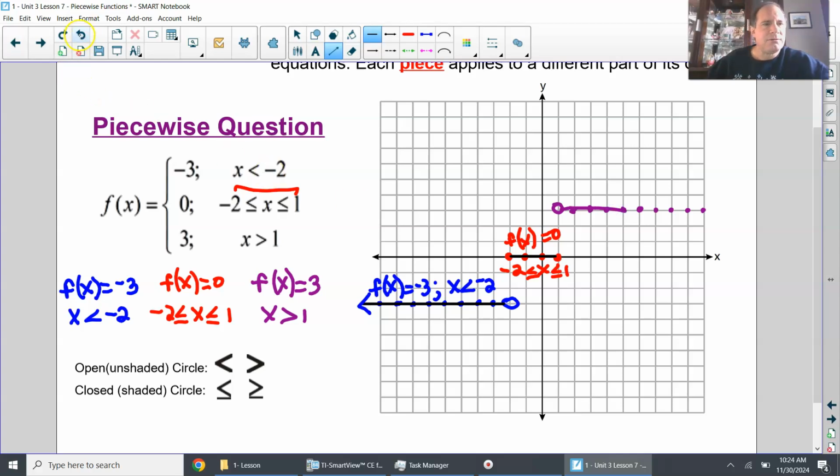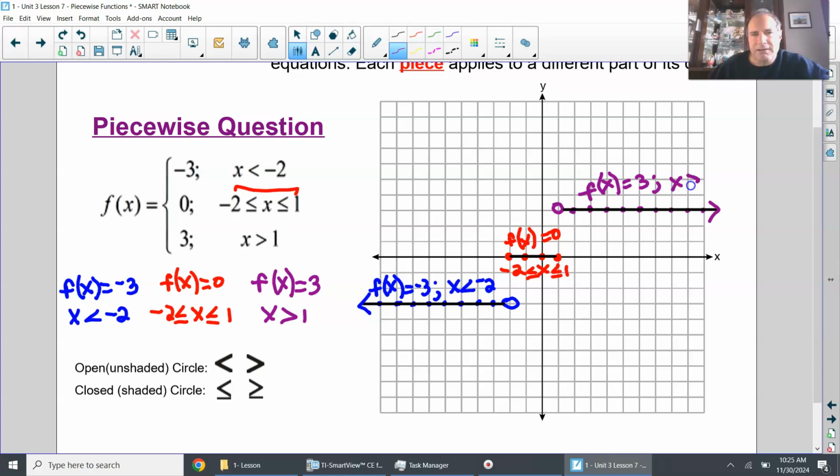Then we have a straight line connecting all those points and an arrow on the end. So this one is f of x equals 3, for x greater than 1.